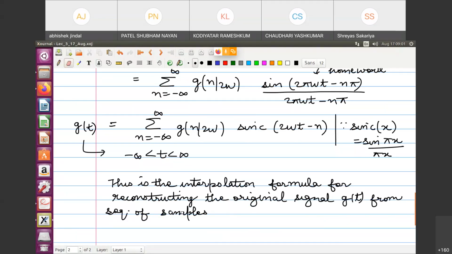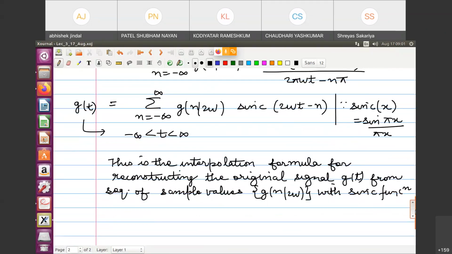I think sample values is a better term to use here. We use g(n/2W) with the sinc function, sinc(2Wt), as the interpolation function.